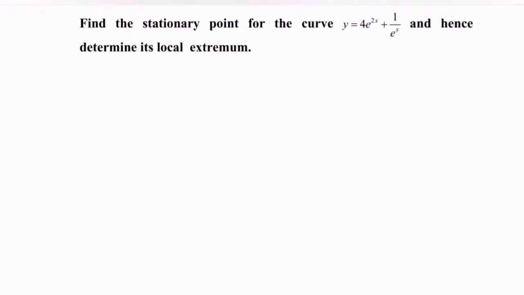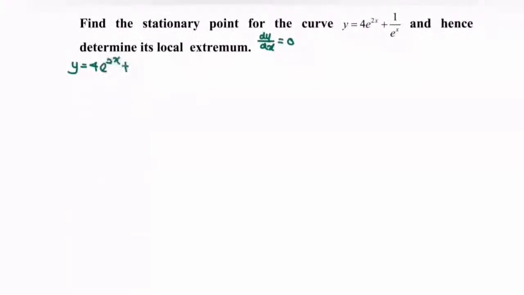So when the question mentions stationary point, it means that we have dy/dx equals 0. So now we're going to differentiate the situation. Kindly rewrite the situation. y equals 4 multiplied with e^(2x) plus e^(negative x).